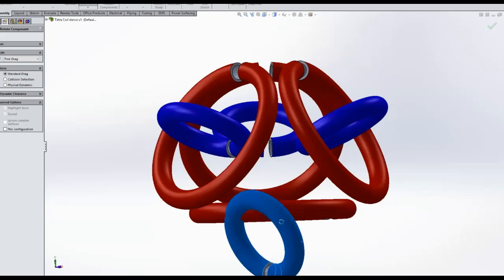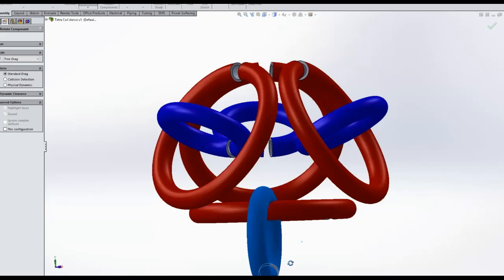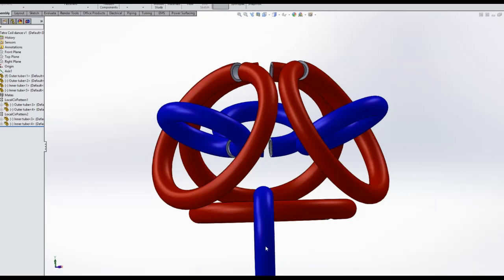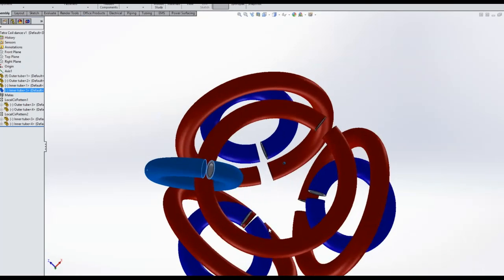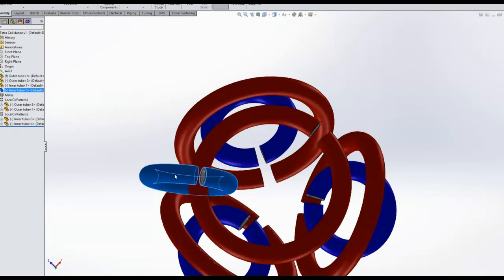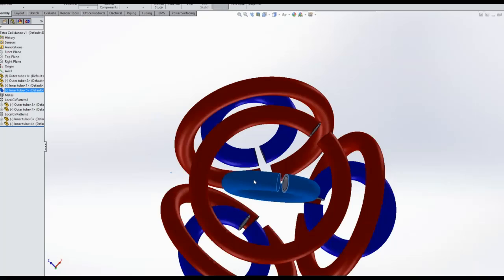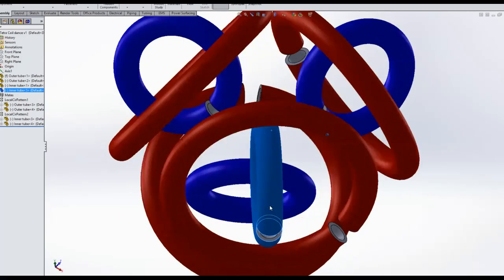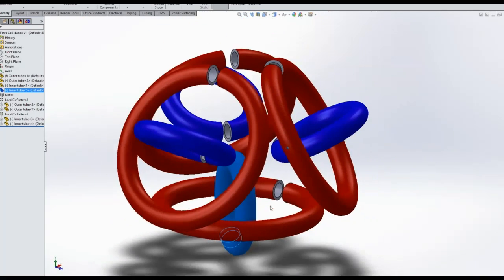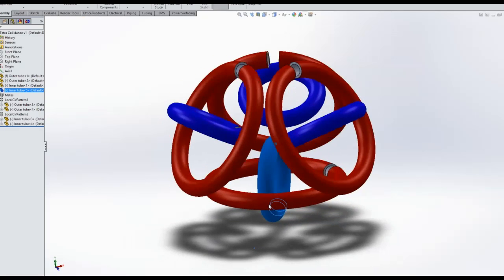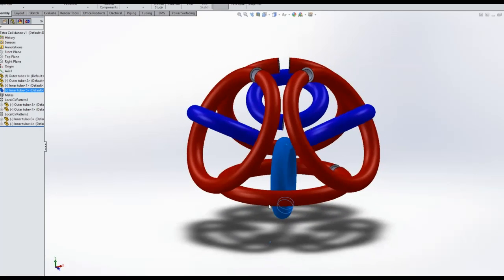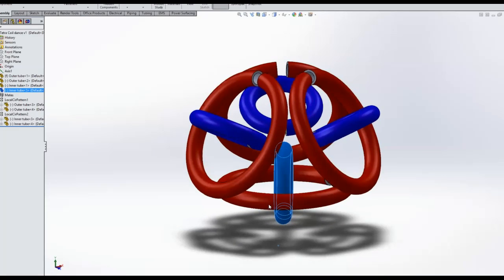Have you guys all seen the Hoberman sphere design? Anybody have seen that? I haven't. No, what is that? It's a sphere that expands and contracts. It almost looks like the tetrahedron that you were showing earlier, but it expands and contracts.